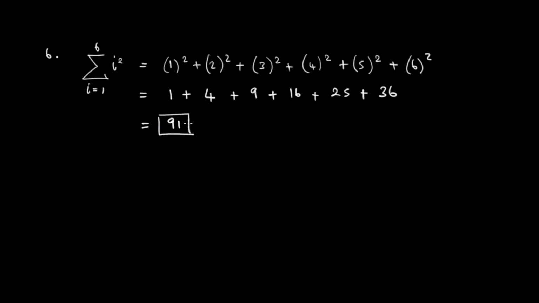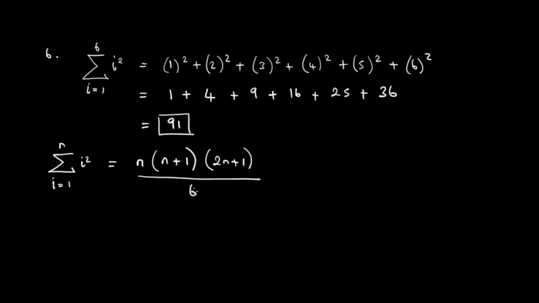So there's a formula for this. Formula yacho yakadai so. Tiri kuti summation from i equals 1 up to n of i squared inenge iri equal to n times n plus 1 times 2n plus 1, this is over 6 like this.